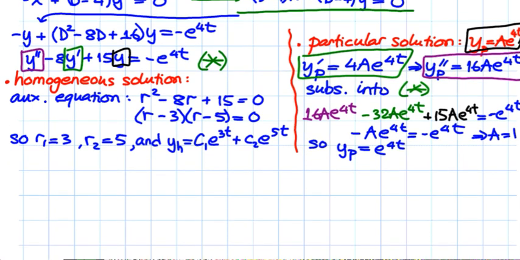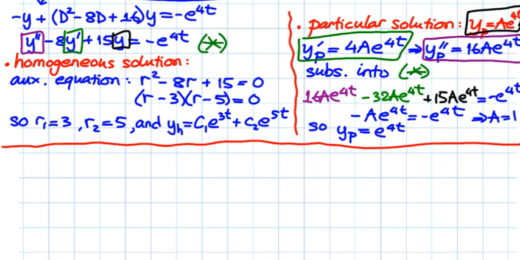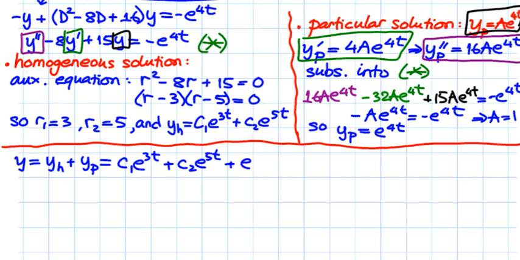Right, so particular solution and homogeneous solution, add them together, we have y equal to C1 e to the 3t plus C2 e to the 5t plus e to the 4t. Right? We have y. Now we solve for x.